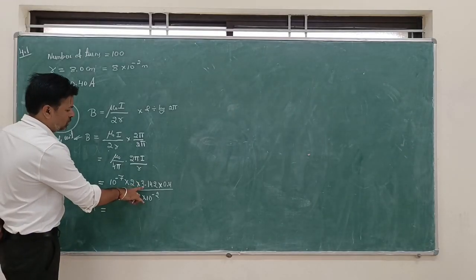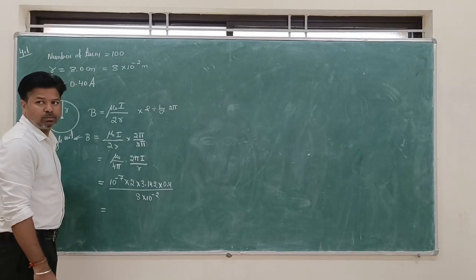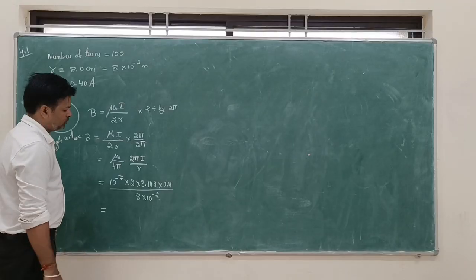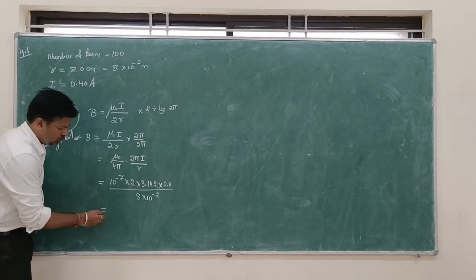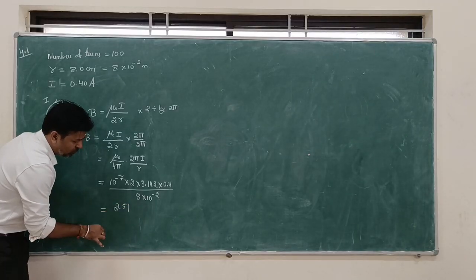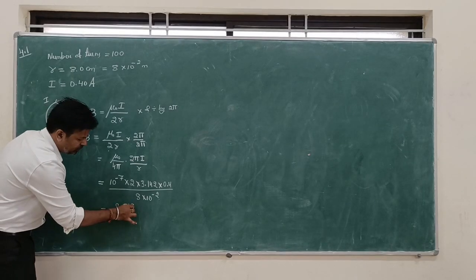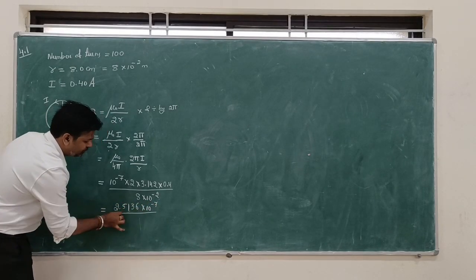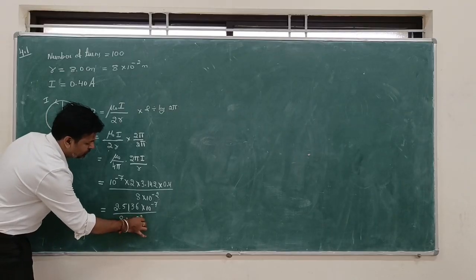Two into 3.142 into 0.4 gives 2.51 into 10 to the power minus 7, divided by 8 into 10 to the power minus 2.